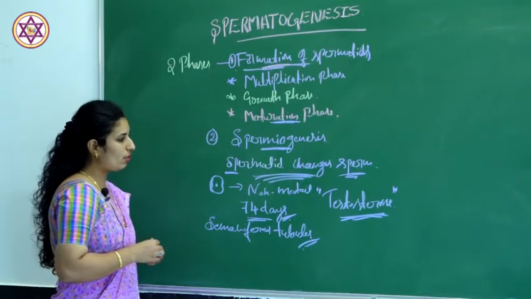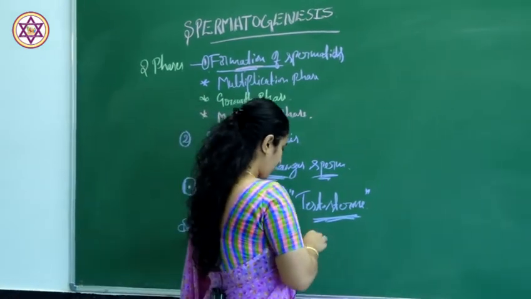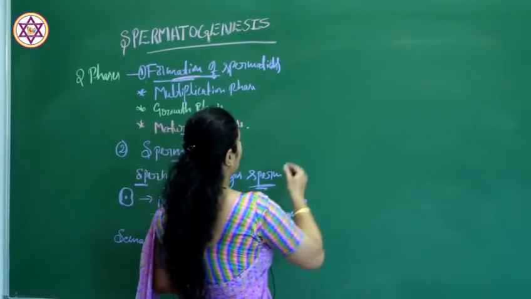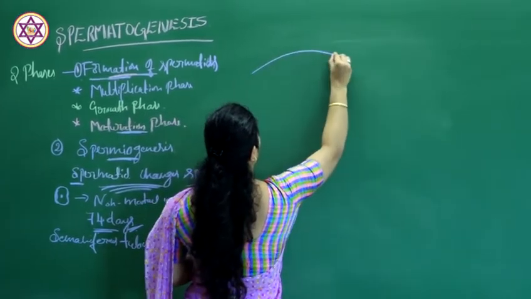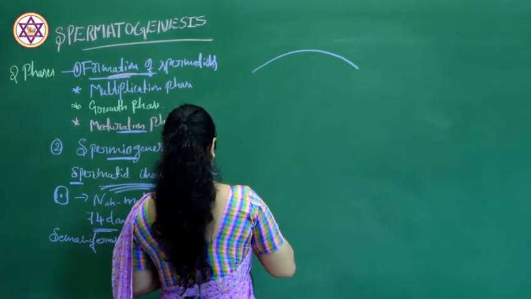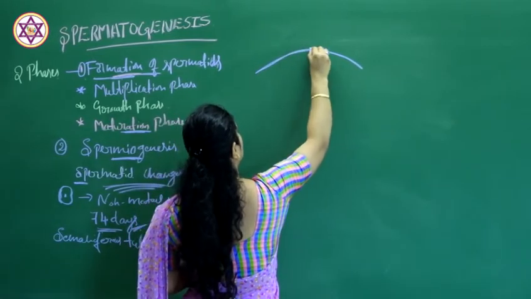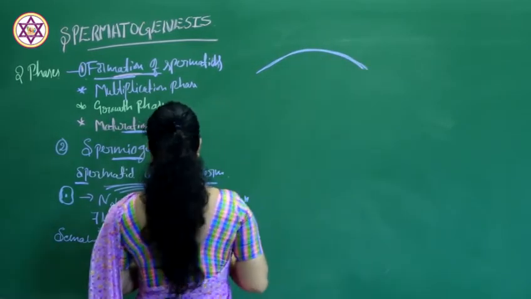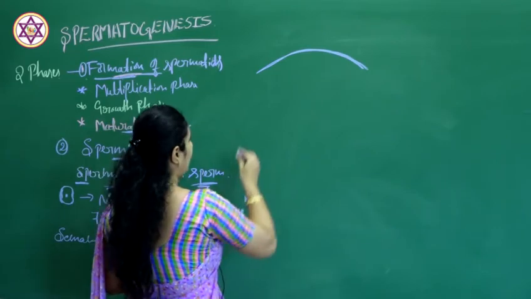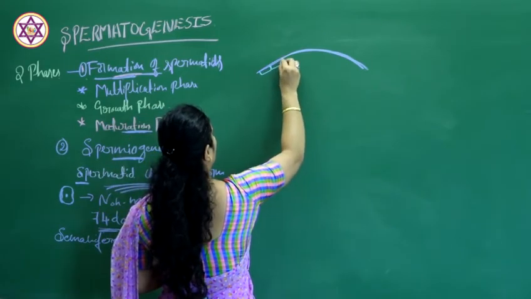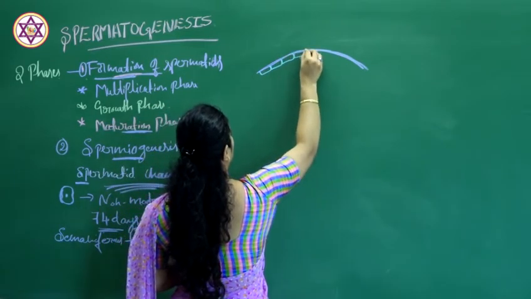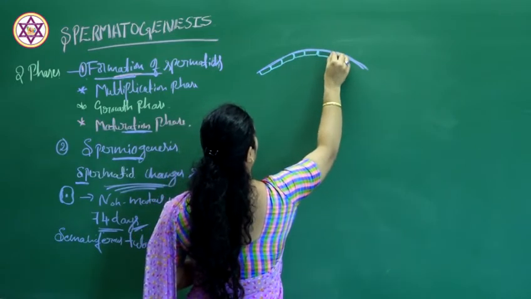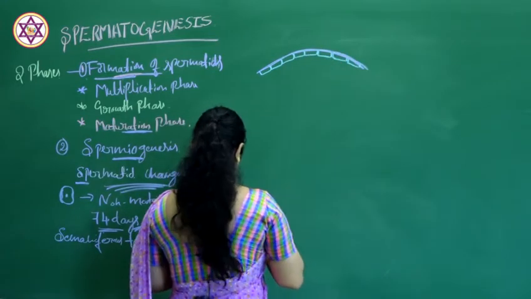Let's start with the process. Here what happens is, the seminiferous tubules are lined with cells called germinal epithelial cells.